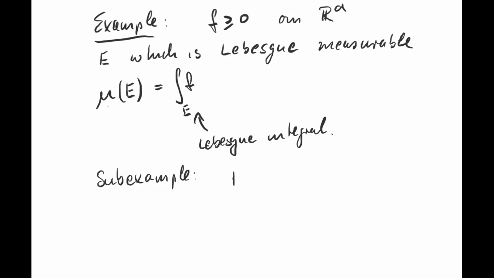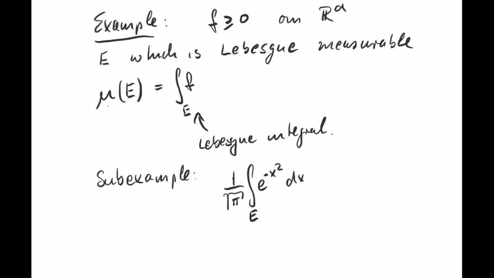If you take 1 over the square root of pi, integral from negative infinity to plus infinity, integral over the set E of e to the negative x squared dx.